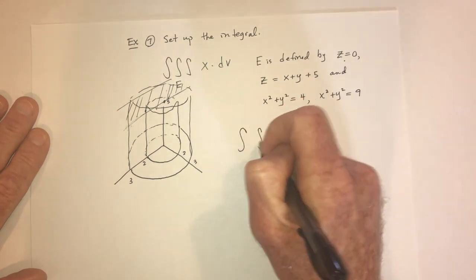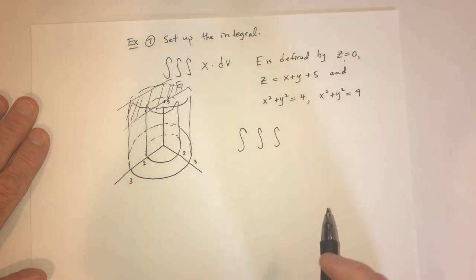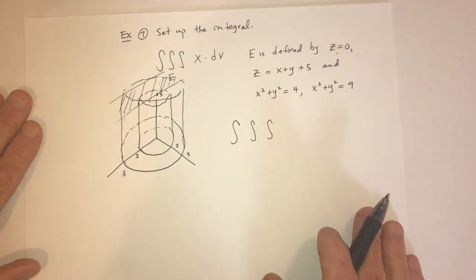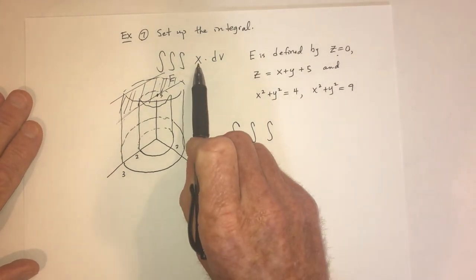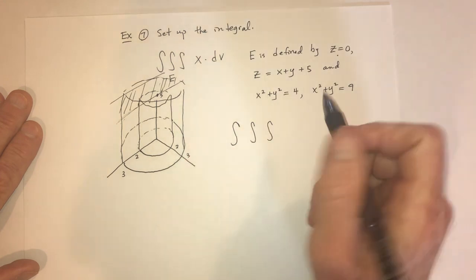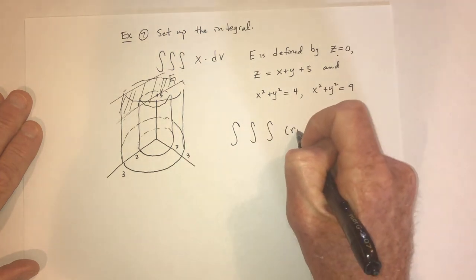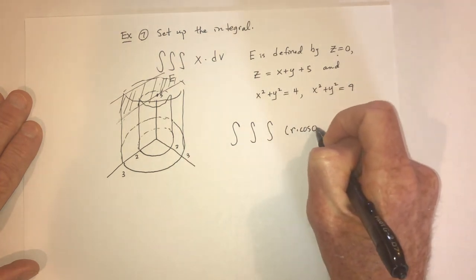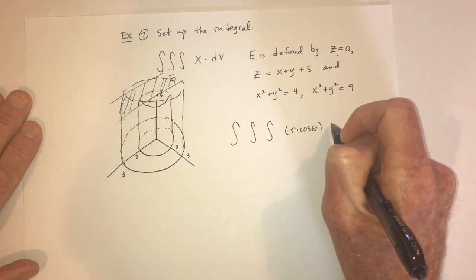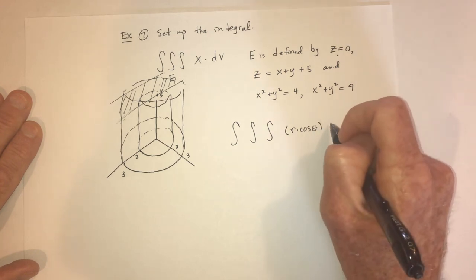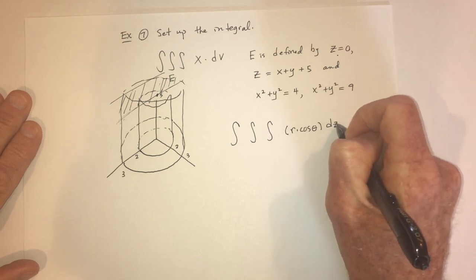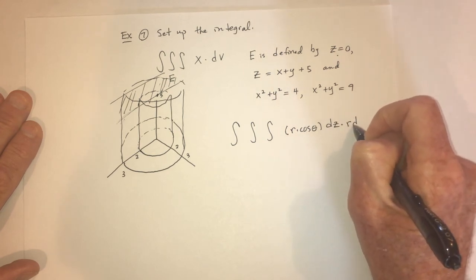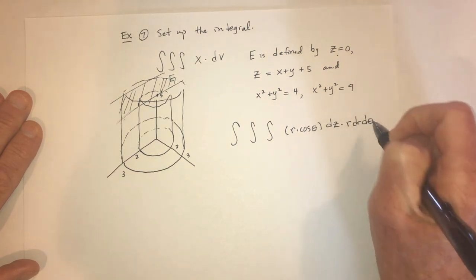Now, set up the triple integral. Since we're using cylindrical, aka polar, then x needs to be changed to r times cosine. And then I'm going to do dz, and then we need to change it to r, dr, d theta.